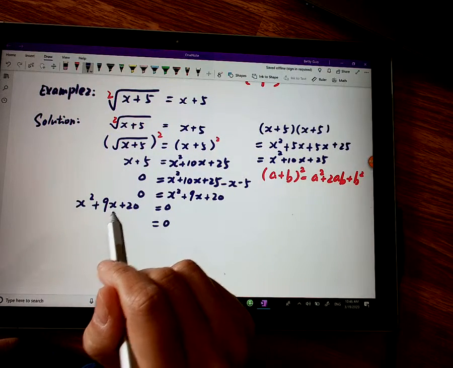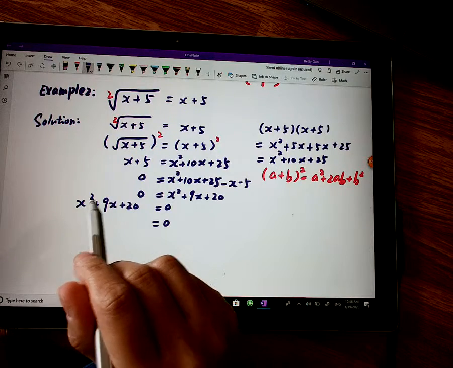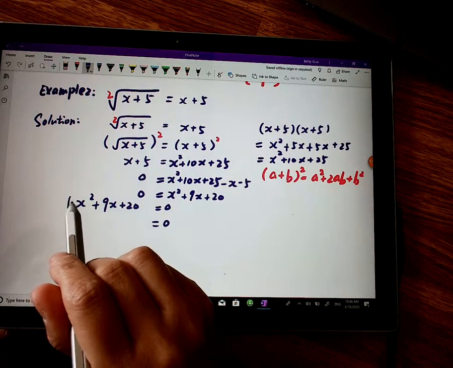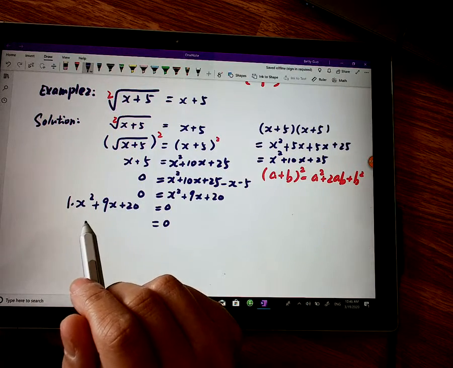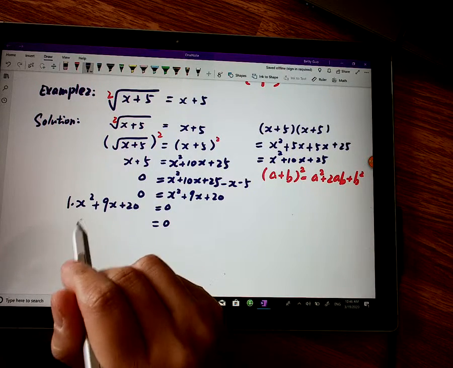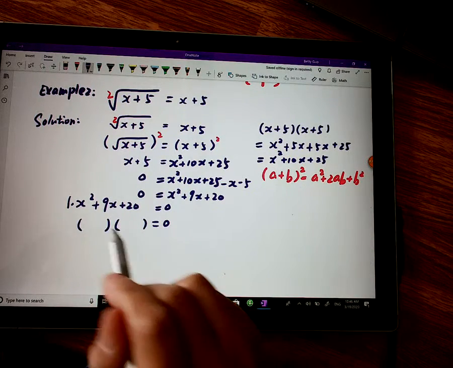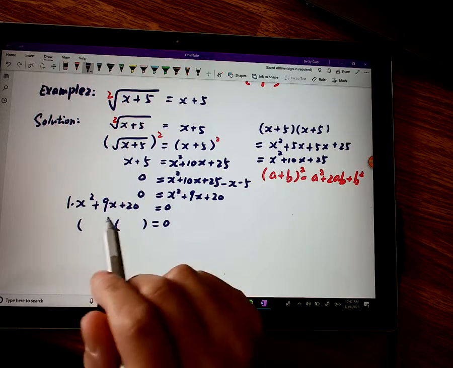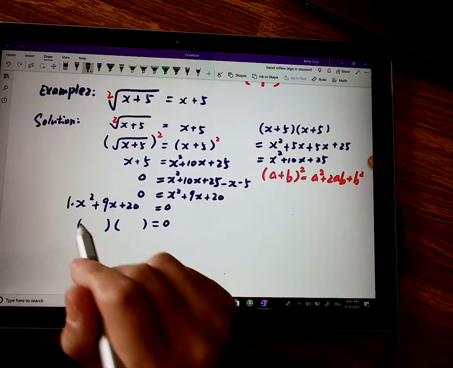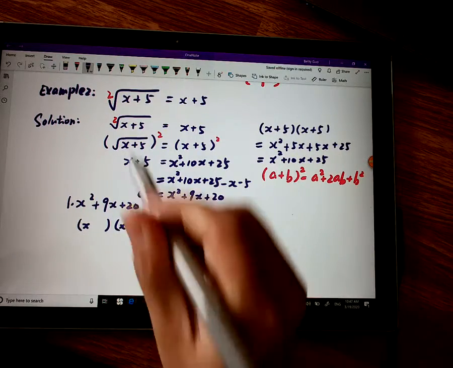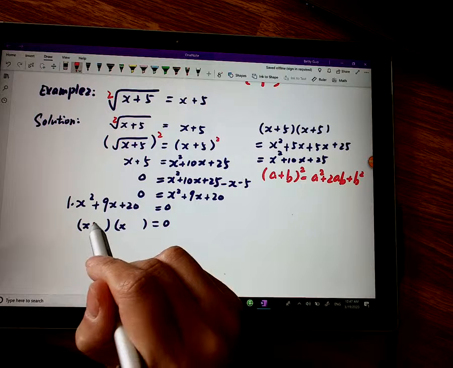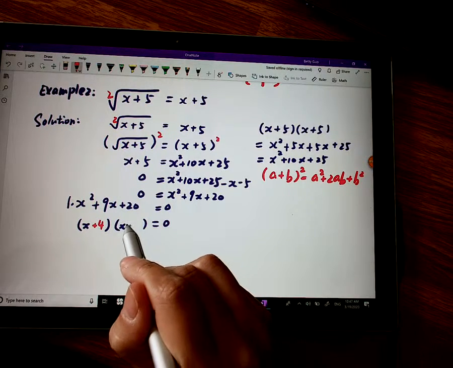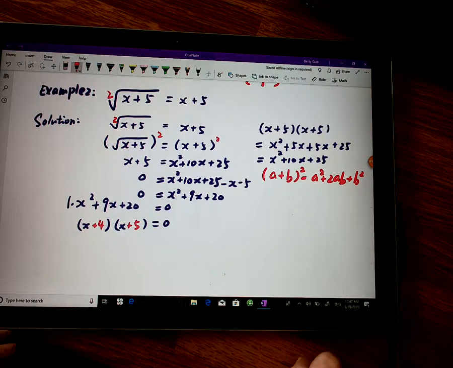We have learned the technique to factor a quadratic trinomial with the leading coefficient 1. The name of the method is called the shortcut method. Apply that method, you could factor the left-hand side as x plus 4 times x plus 5, because 4 and 5 multiply to 20 and add up to 9.